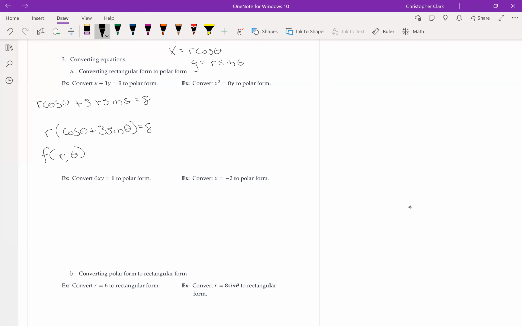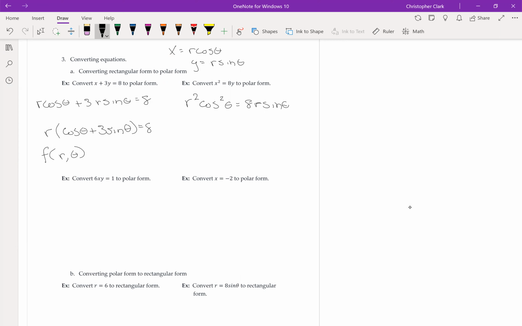So we're going to convert x squared equals 8y to polar form. We can write this as r squared cosine squared theta equals 8r sine theta.